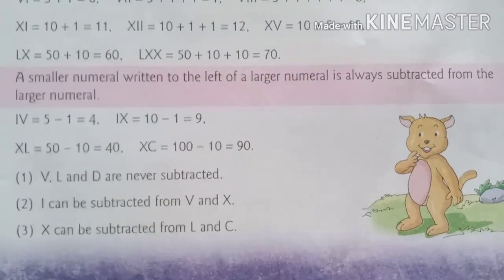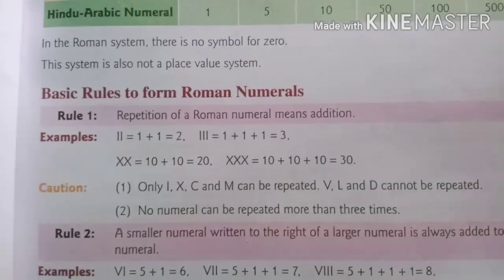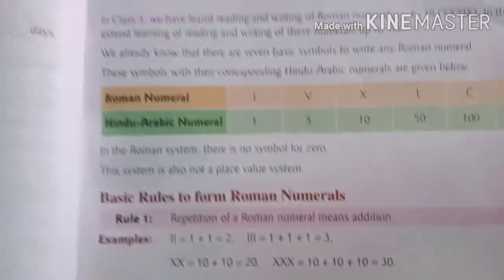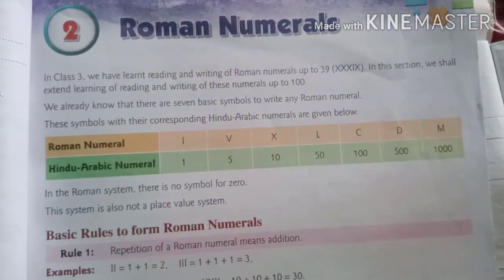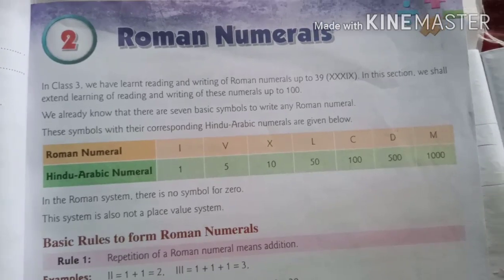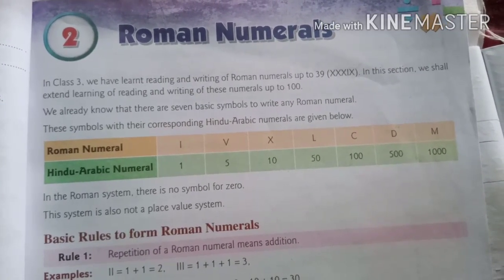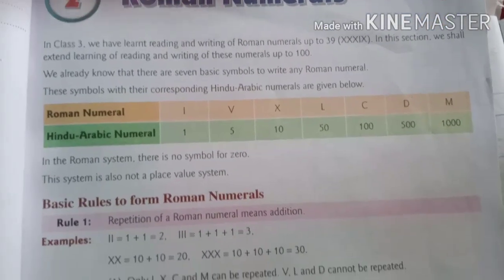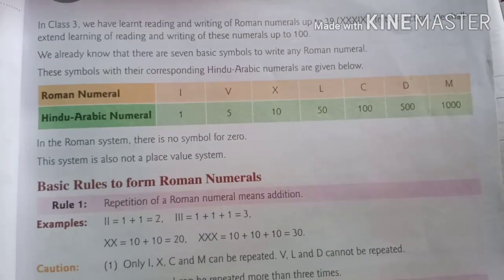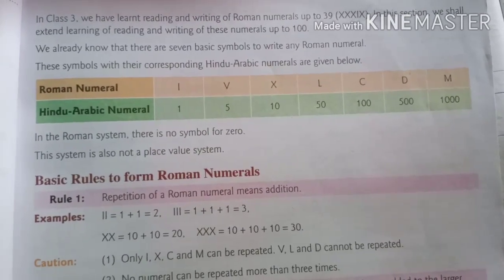So these are the introduction of Roman numerals, and we have learned that in this class you shall extend to read and write the Roman numerals up to 100. Another thing also we have learned that there are 7 basic symbols.